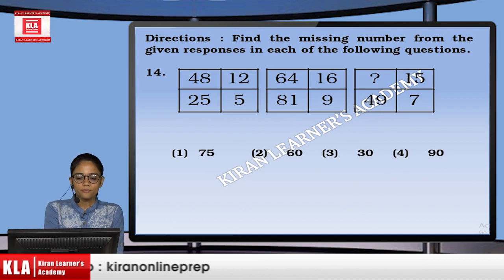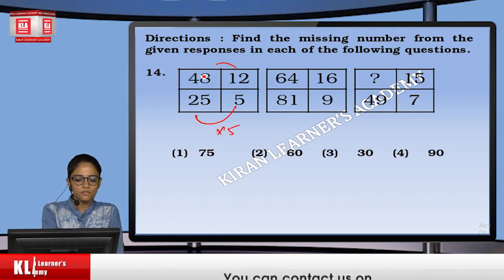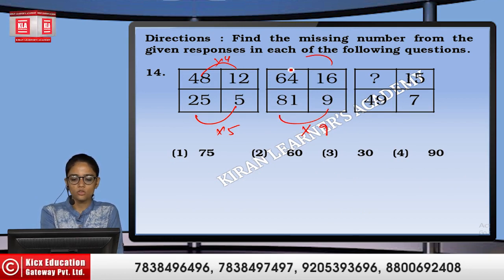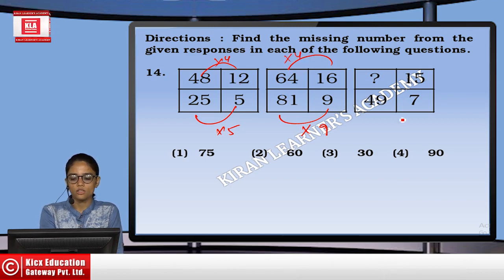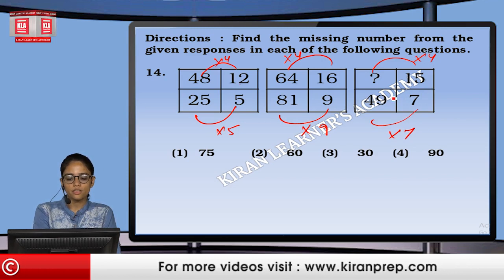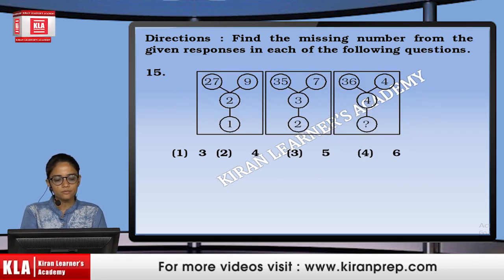Let's see the next one. We can see that 5 into 5 is 25 and 12 into 4 is 48. Similarly, 9 into 9 and into 4 is 64. 7 into 7. Similarly, 15 into 4 will give us 16. That is option number 2. Next question.